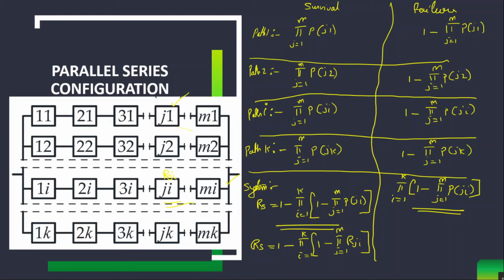So this one is the system reliability for a parallel series configuration. This is the general representation. You can convert any given model into a parallel series configuration or series parallel configuration. Okay, so please note down these equations.